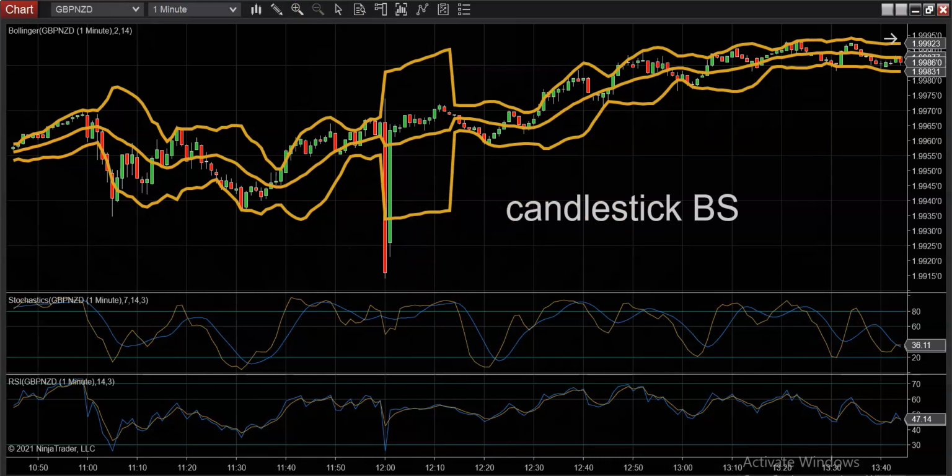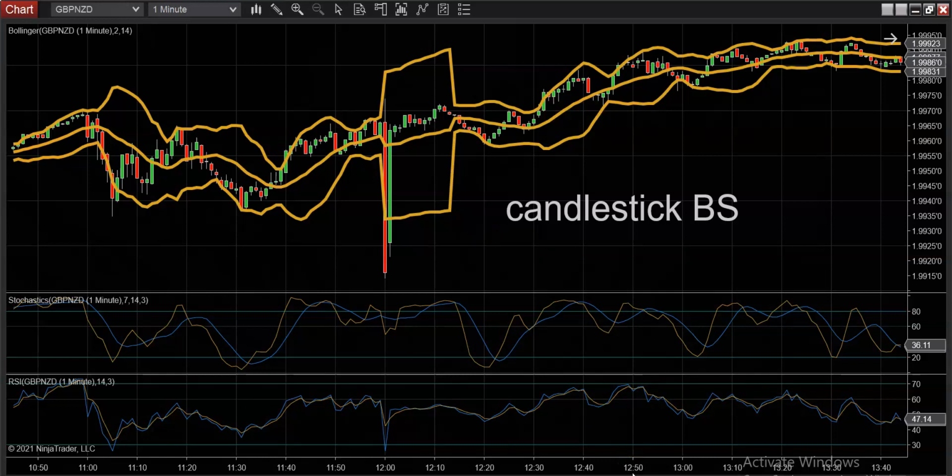Complete and utter BS. And you've heard me say this before: I hate candlesticks. I don't think candlesticks are even remotely of any use. It's just garbage, complete garbage.